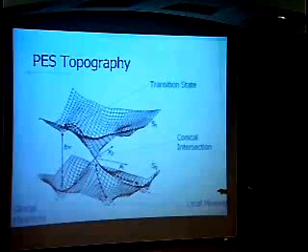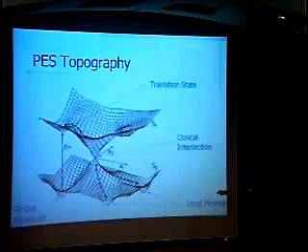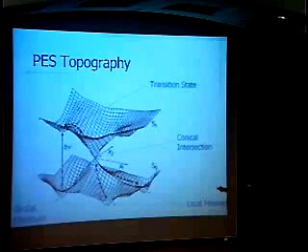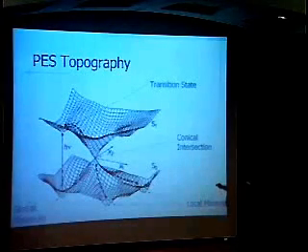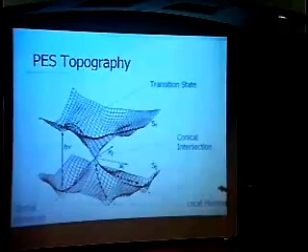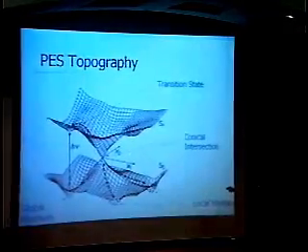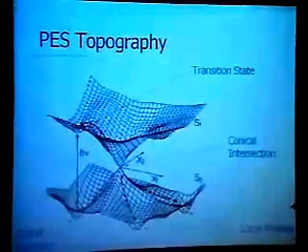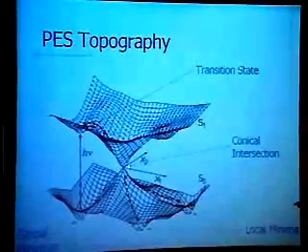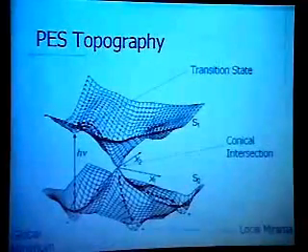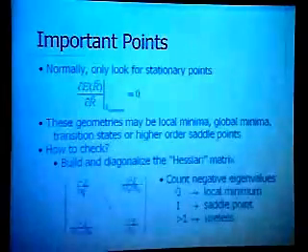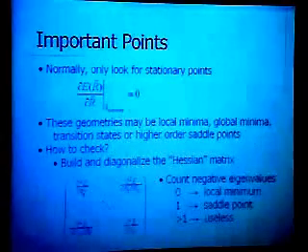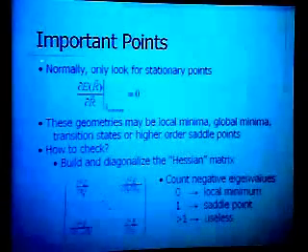And these are important because in any sort of photobiology or photochemistry, essentially it's these points that are going to dominate. They're going to act like transition states on the return from the excited state down to the ground state. They're very different from transition states though, because there are derivative discontinuities there.